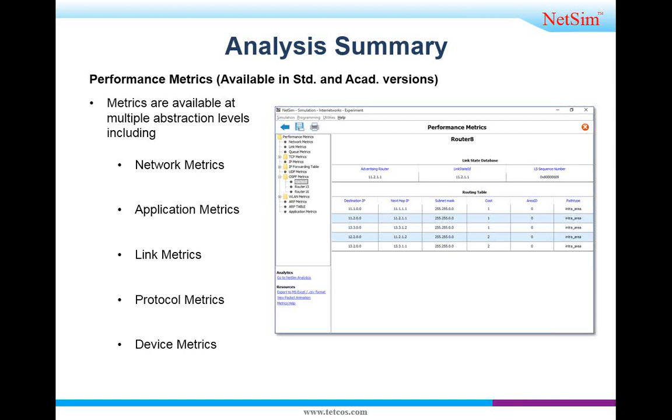Then link matrix displays the values of the metrics related to each link, like packets transmitted, packet error, packet collided. Then protocol metrics display the protocol based metrics which are implemented in the network scenario. These metrics will vary depending upon the type of network simulated. In this case, you can notice TCP metrics, IP metrics, and OSPF metrics. Now device metrics display the device related metrics like ARP table and IP forwarding table. So this is the overall summary of your performance metrics.